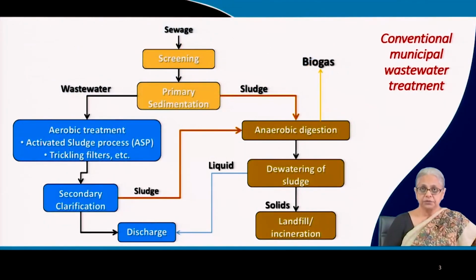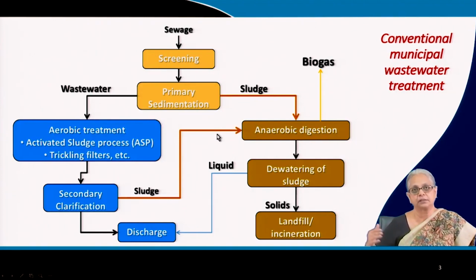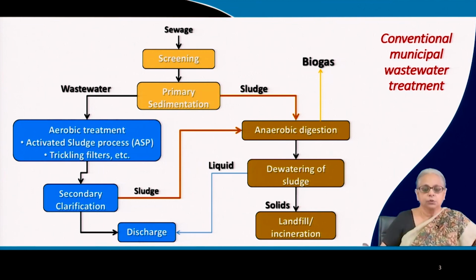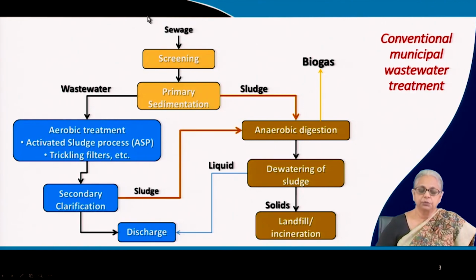So, in case you're not aware of conventional municipal wastewater treatment, this is a very simple schematic or flow chart that explains the different processes that the wastewater is put through prior to being discharged. So here we have sewage. When it comes in, the first thing that we do is screen out all the large materials.